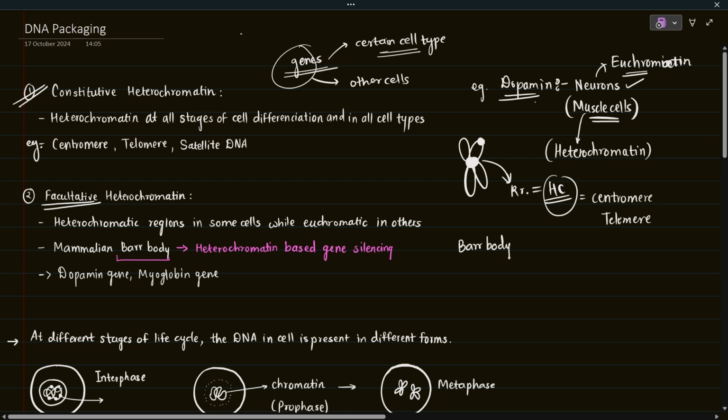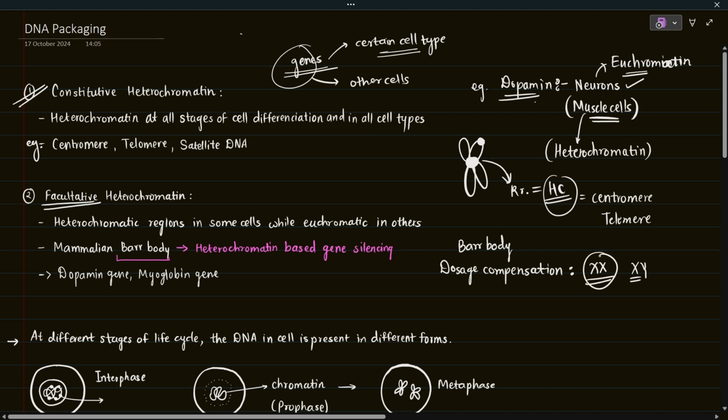Now I'll be explaining a phenomenon called dosage compensation. This phenomenon occurs to balance the ratio of sex chromosomes to autosomes. Females in humans have XX chromosomes while males have XY sex chromosomes. So males have only one X chromosome while the females have two X chromosomes.